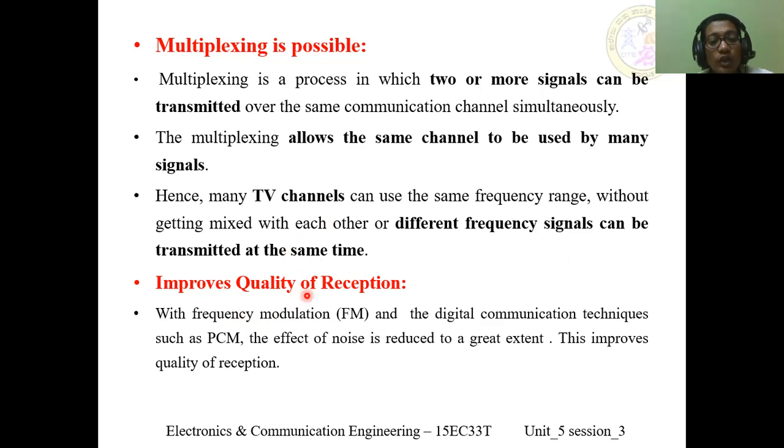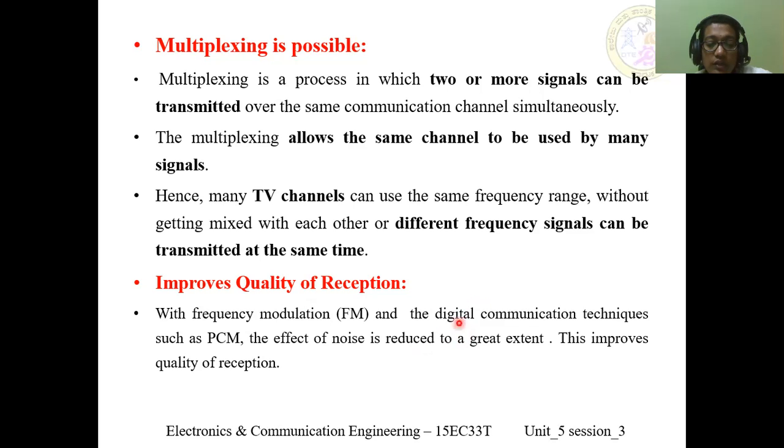Next, it improves the quality of reception. Here, as we increase the frequency: if you're using a low audio frequency baseband signal, the energy of the signal will be lower. When you are transmitting with a higher frequency, the energy is going to be boosted.